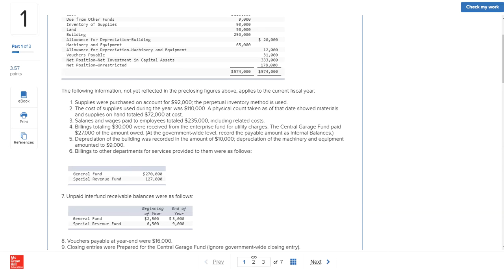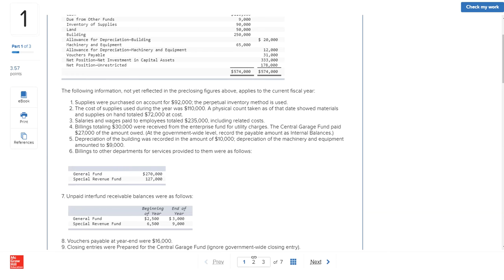And then billings to other departments for services provided to them is given to you. Due from other funds is going to be your debit, and your credit is billings to other departments. Don't see an example of that, but, oh, there it is, page 266 is an example of that.